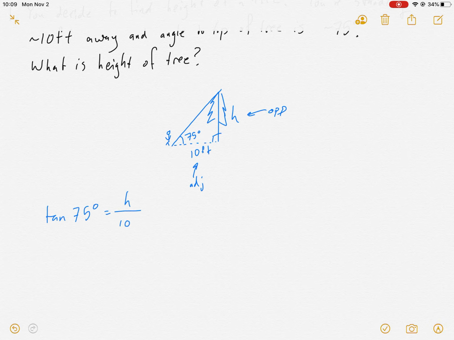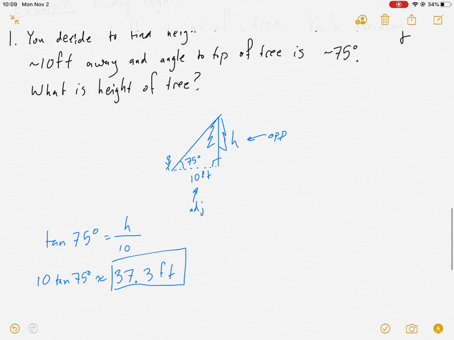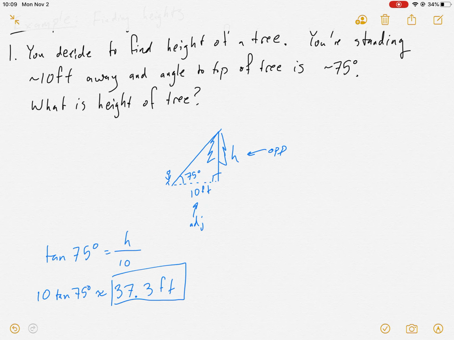And so then solving for the height, you end up with tangent of 75, which is about 3.7, times 10. And I end up with approximately 37.3 feet for the height. So that's that classic, how do you find the height of a tree?